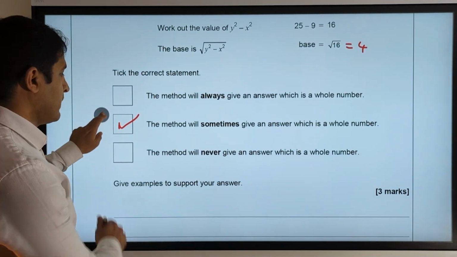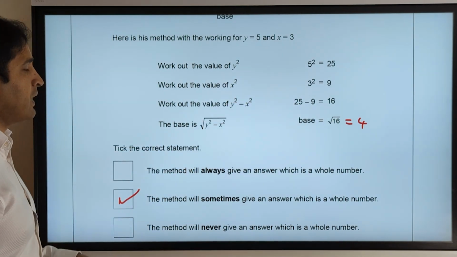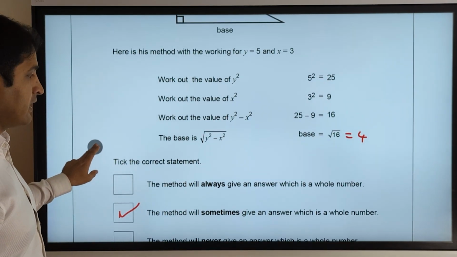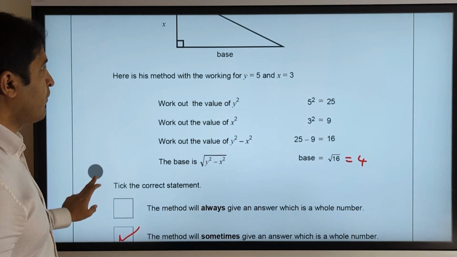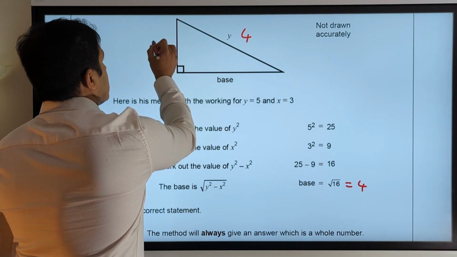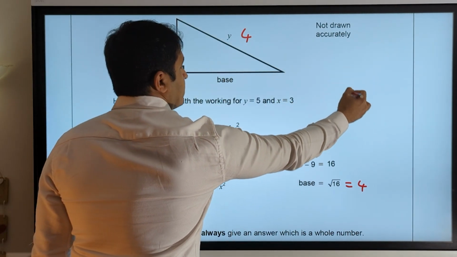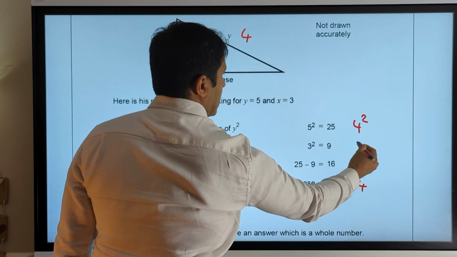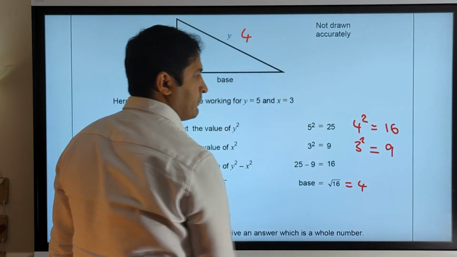So then next one, give an example to support your answer. So we already got a whole number. We just need to give something that doesn't have a whole number as an answer. So let's say we make y to be 4, okay? And let's say we make this one to be 3. So we need to do 4 squared and 3 squared. 4 squared is 16, 3 squared is 9.